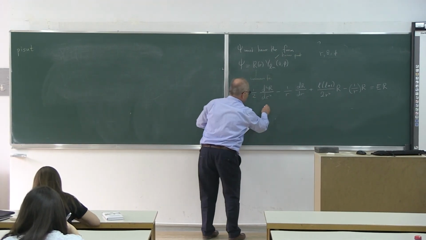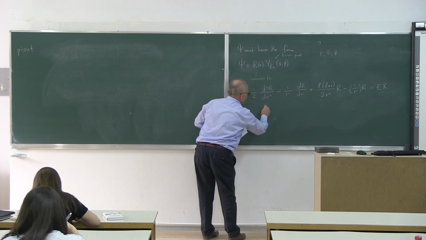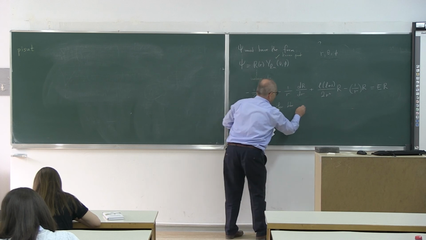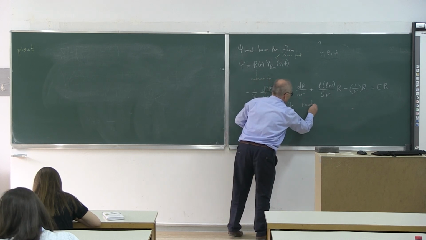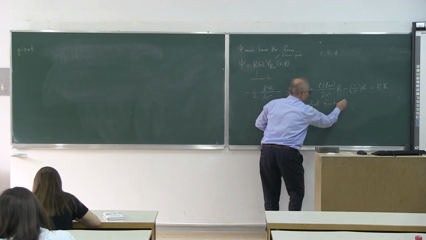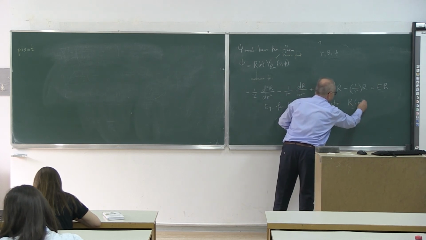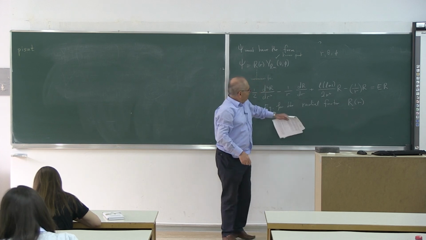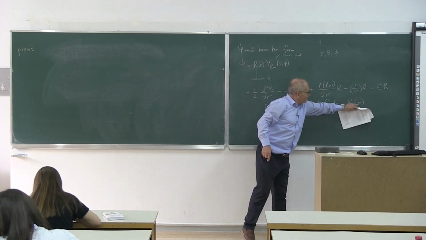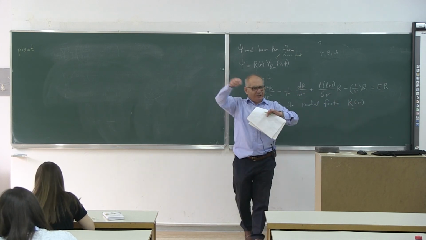This equation is the equation for the radial factor R. The name radial comes from the meaning of the variable here, R. It's called the radial variable.